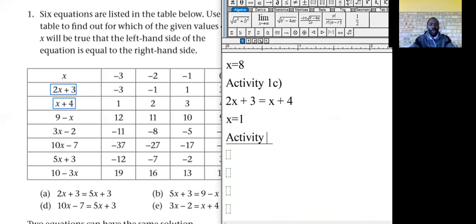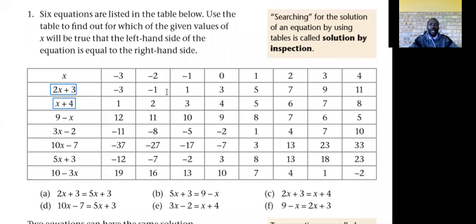Activity 1 part D. Now for activity 1 part D, let's see what happened. First of this. So for activity 1 part D, we are now first erasing this.